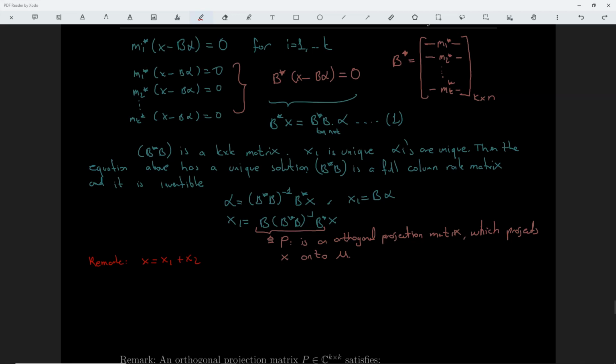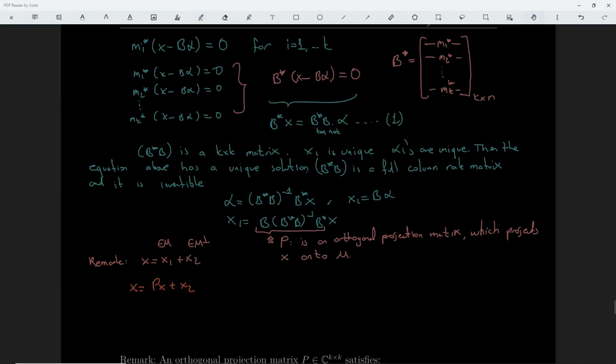Okay. So this is in M and this is in M orthogonal complement. And we can find this x1 on our subspace by multiplying the x vector by this P matrix over there. Okay. And so x is equal to P times x plus x2.